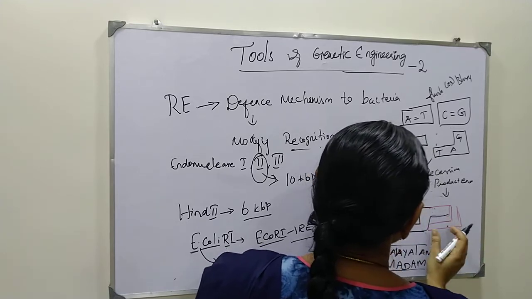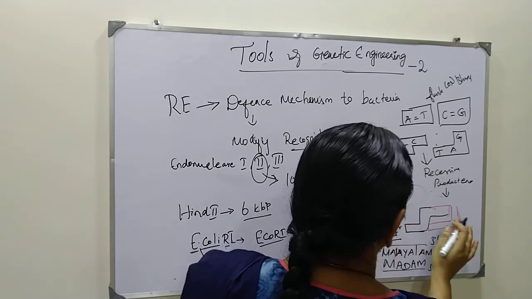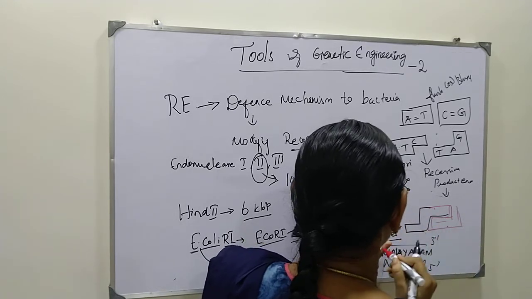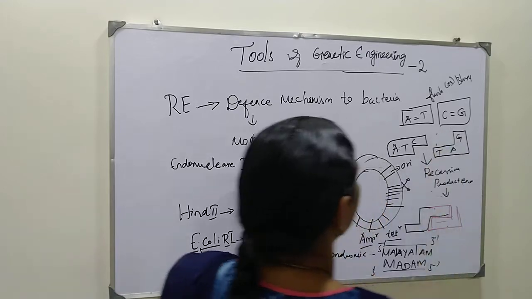So this is the sticky end. It is going to stick one with another, so it is called a sticky end or protruding end. This is a blunt end or the flush end.